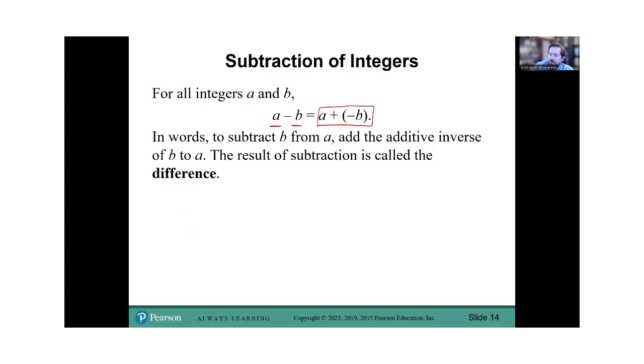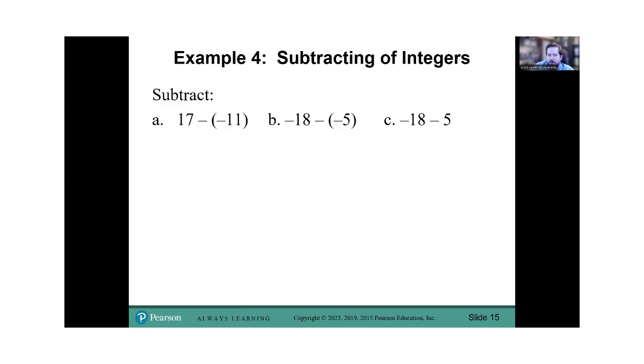A minus B is the same as A plus negative B. So that's helpful because I can then change my signs for problems like part A. If it's 17 minus negative 11, I can rewrite this as 17 plus the opposite of what's inside here, and the additive inverse of negative 11 is 11. And so essentially those two negatives kill each other. A lot of people like to think of it that way, and it turns into 17 plus 11. And then we have 28.